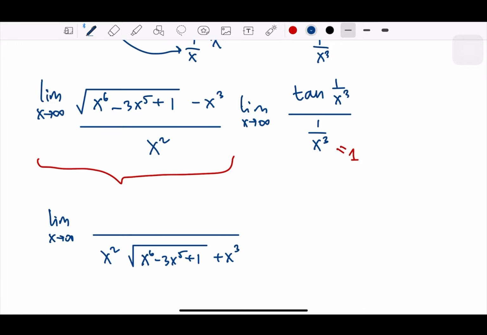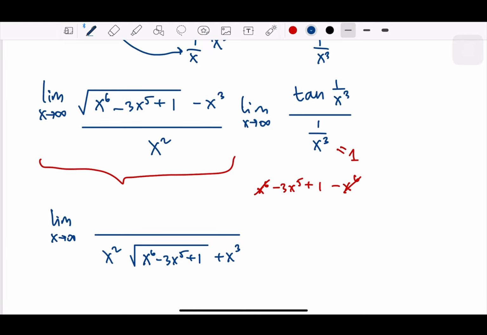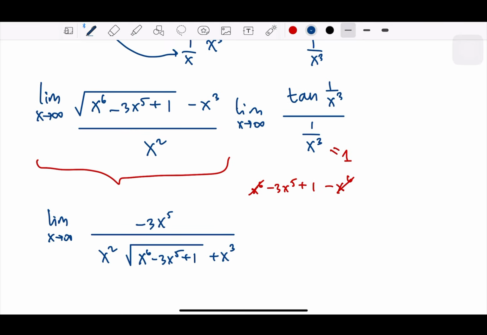Take the positive part there, and maybe let me take it x. So it will be cancelled, so we have negative 3x to the power of 5 plus 1.